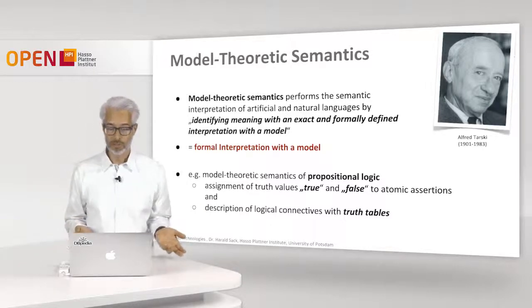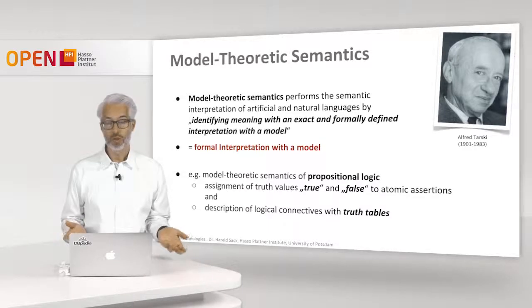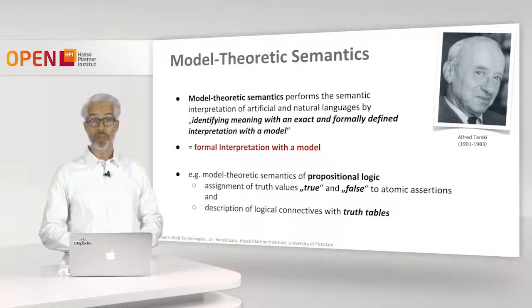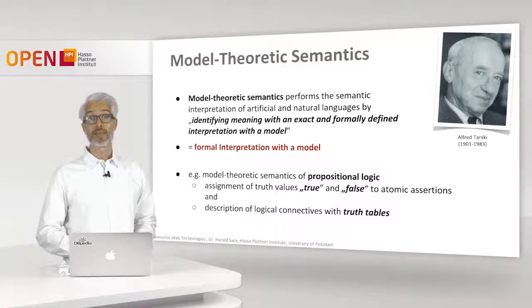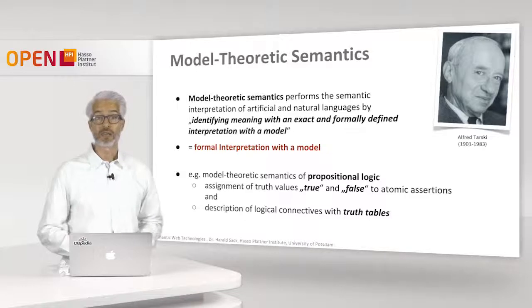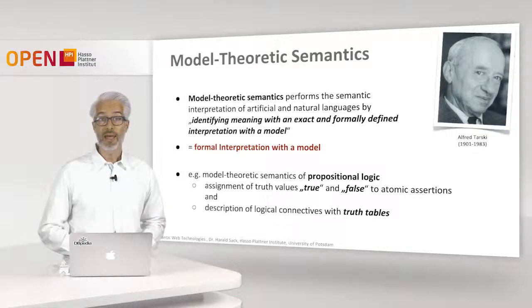And the one who introduced that was Alfred Tarski, who already in the 1920s as a young man defined model-theoretic semantics. He said, model-theoretic semantics performs the semantic interpretation of artificial and natural languages by identifying meaning with an exact and formally defined interpretation with a model.